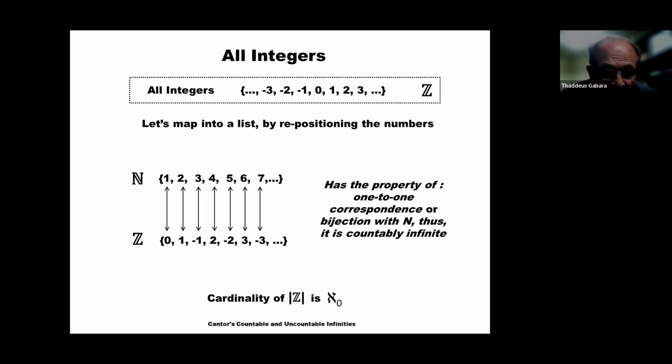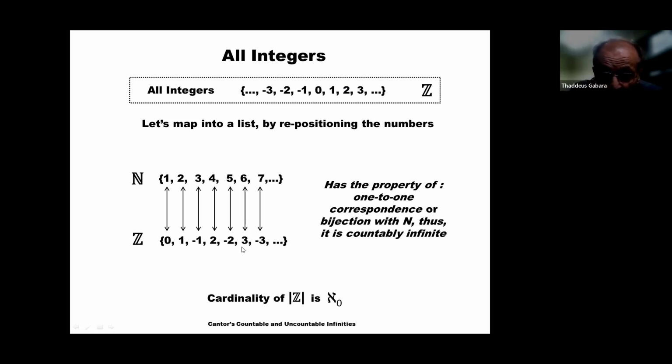You rearrange the order to make sure that you capture each and every number in this sequence. And the way that you rearrange the order is shown here on the bottom. We'll take 0, then we'll take 1, then we'll take -1, then we'll take 2, then we'll take -2, 3, -3. And if we do this for infinity, we're certain that we're going to capture every one of the numbers that are in this set here on the top.